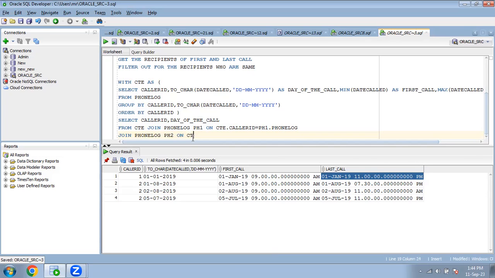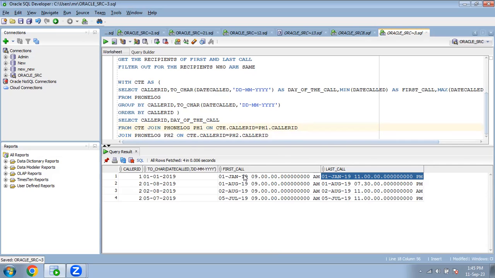On city dot caller ID matching to ph2 dot caller ID. So on what basis am I matching here?